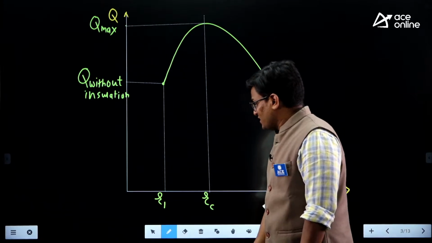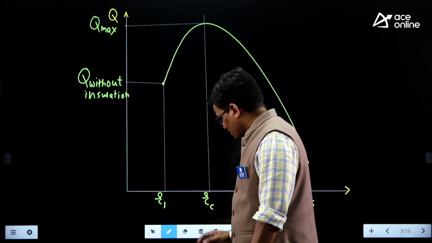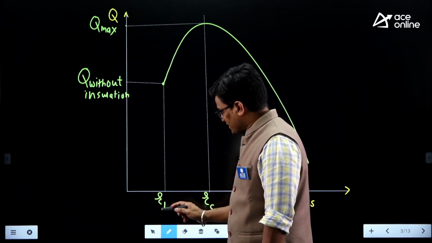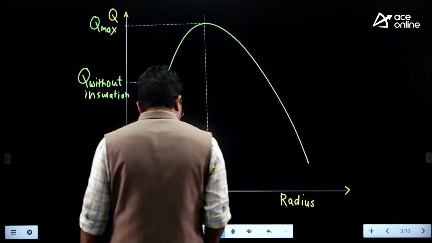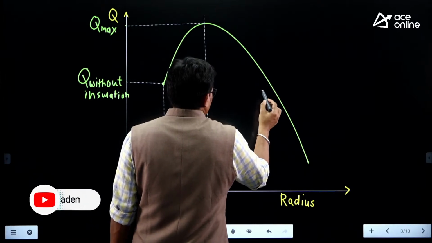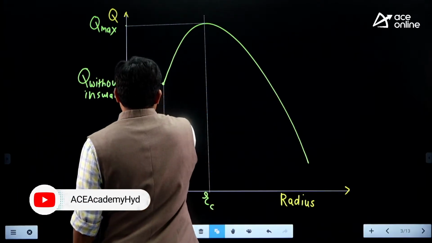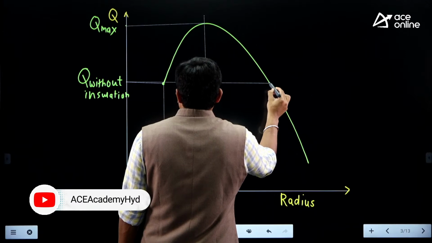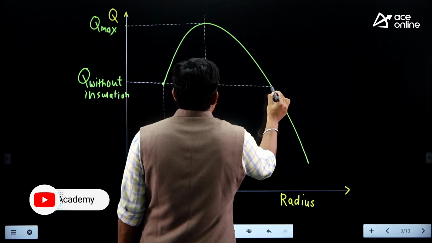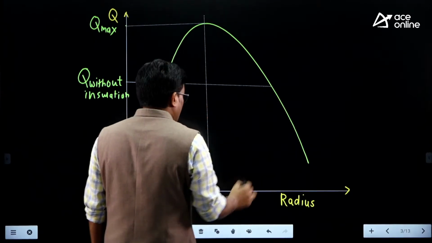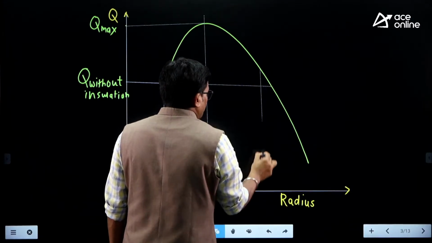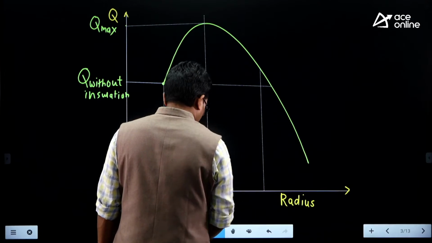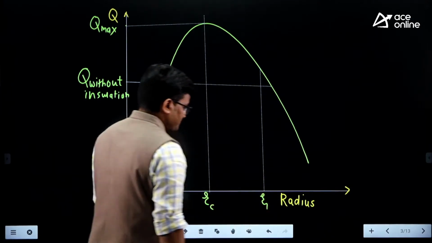Now you will ask me, sir, is it a rule that we will manufacture less than RC only? No, there is no rule. Suppose you manufacture here, so first take this line horizontal. You may manufacture here also. So let us say you manufacture here. This is R1.